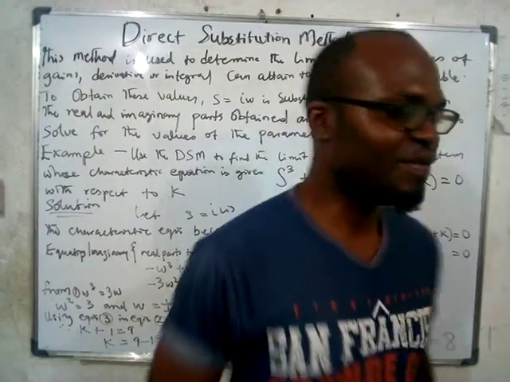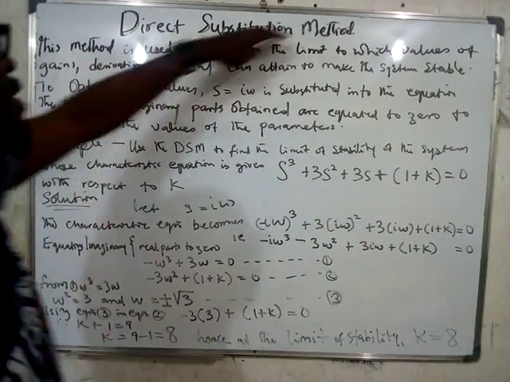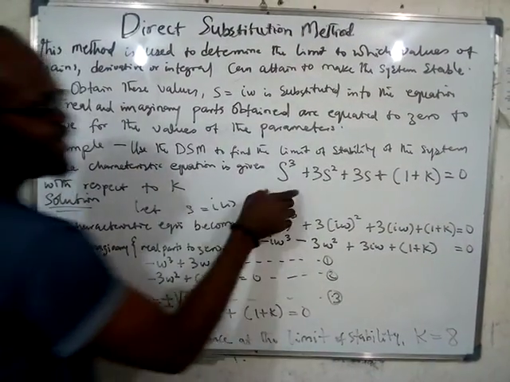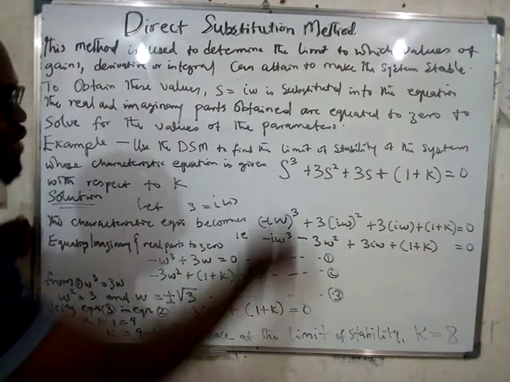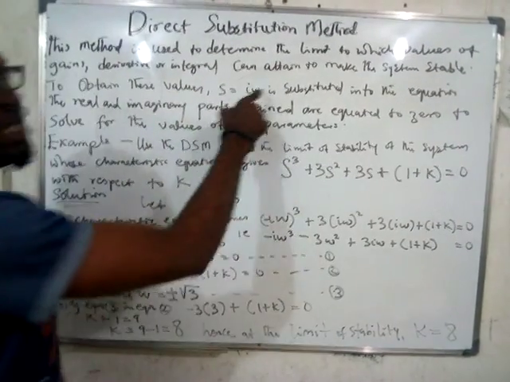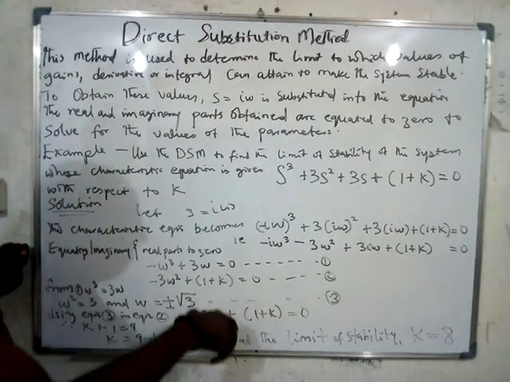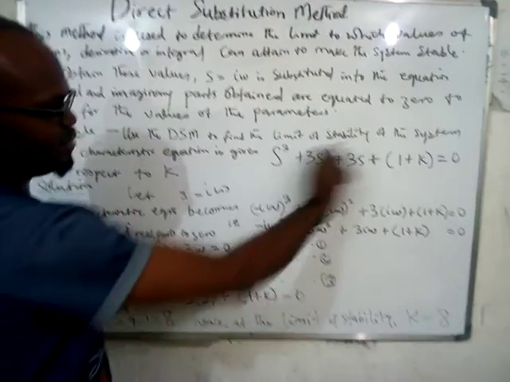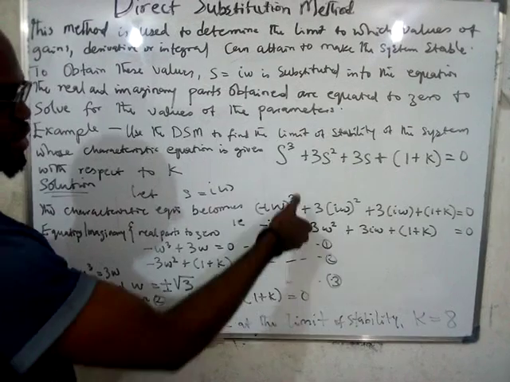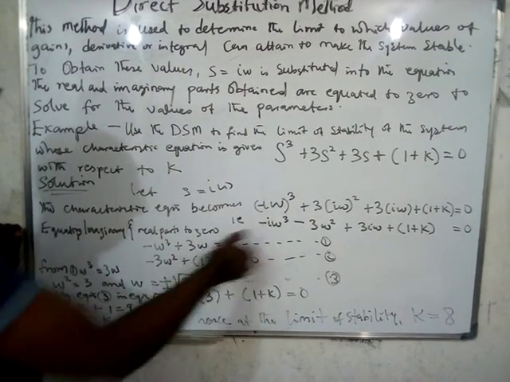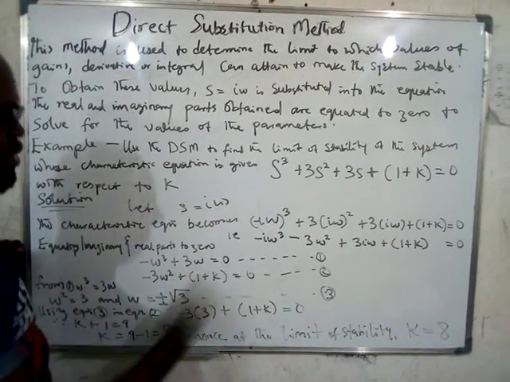So whenever you're given a problem to solve using direct substitution method, always remember that given the characteristic equation, anywhere you see s, replace it with iw. Then simplify, get the imaginary part one side, equate it to 0, get the real part one side, equate it to 0.